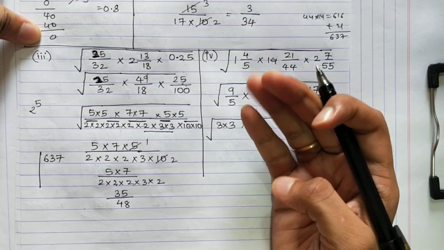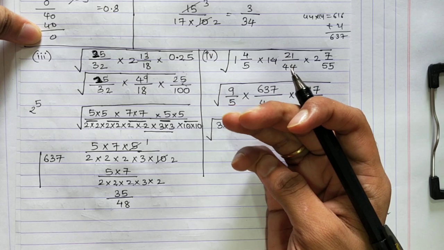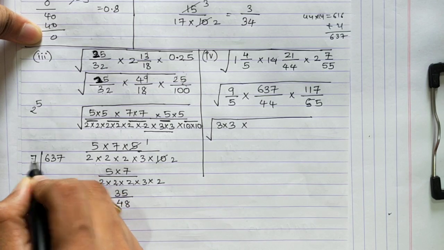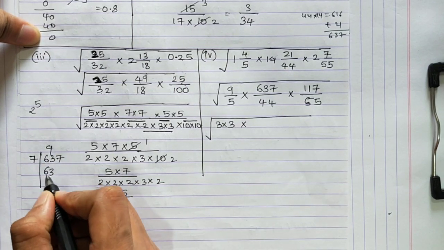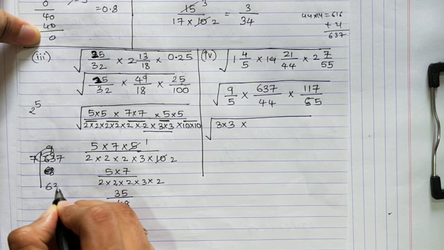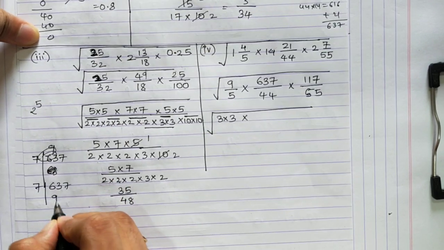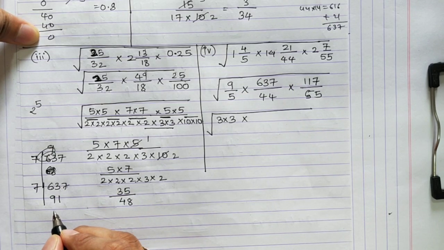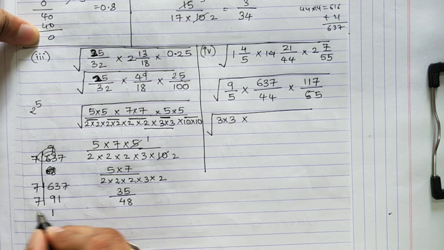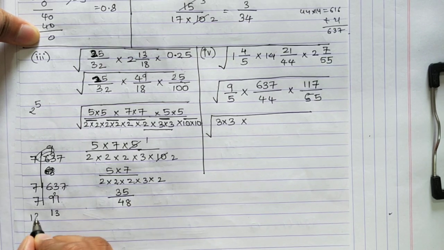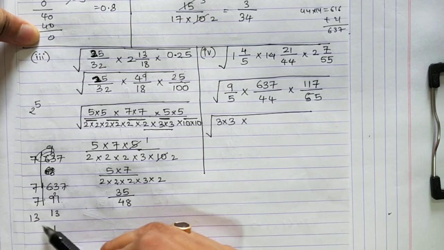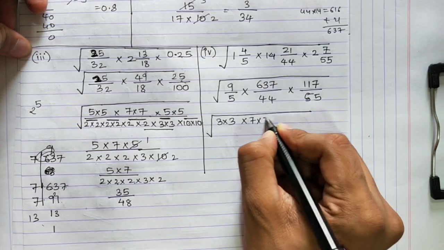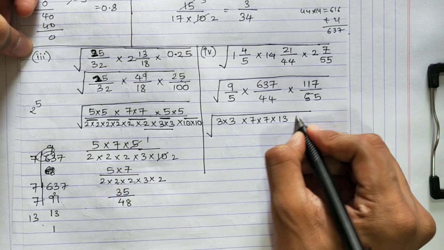You will find that it is not divisible by 2, by 3, or even by 5, but it is divisible by 7. 7 9s are 63, 7 1s are 7, and 91. 7 3s are 21, and then 13, 1. So the prime factorization of 637 is 7 into 7 into 13.